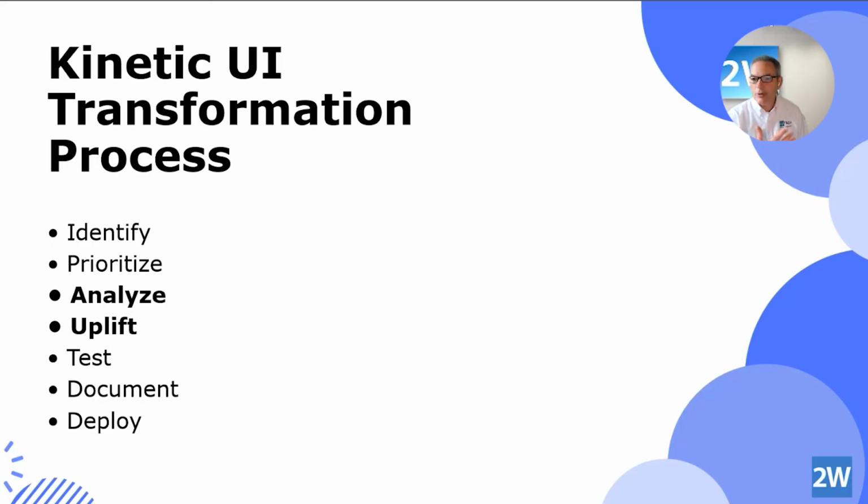And then, of course, the last step is to deploy those customizations in your production environment. So again, not going to spend a lot of time on all these steps, but just wanted to give you a little bit of context for where we are in the process in the context of today's conversation.